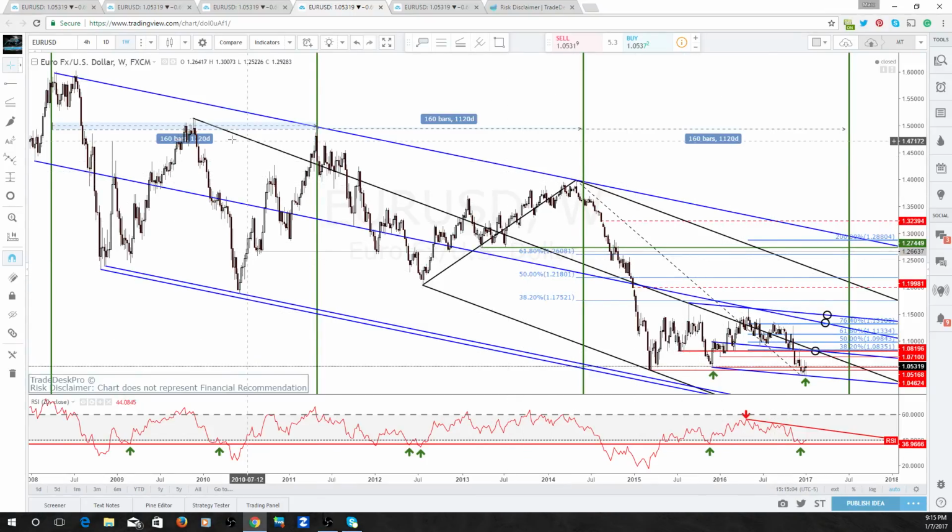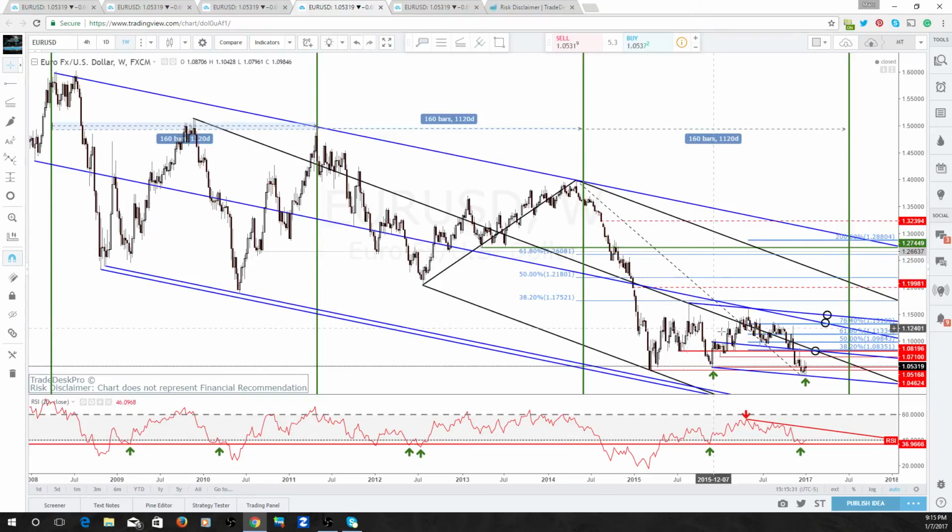In addition, I've drawn a fork, which also has been support and resistance a few times here. It's important to know, if you draw a fork, the lower parallel was respected, went back to the median line, the fork is valid. You want to know where the median line is.